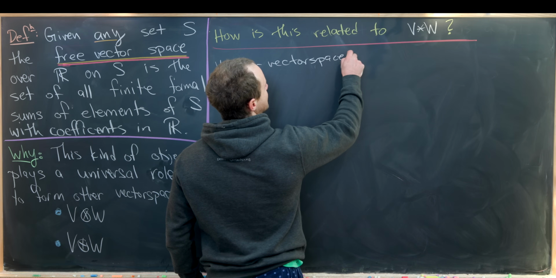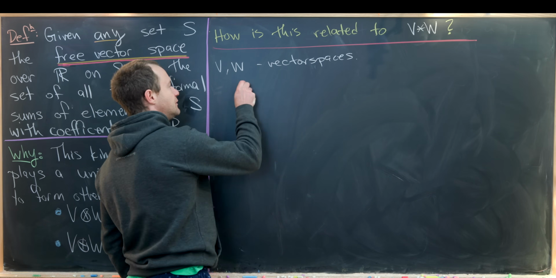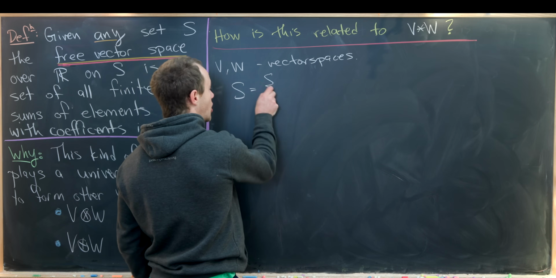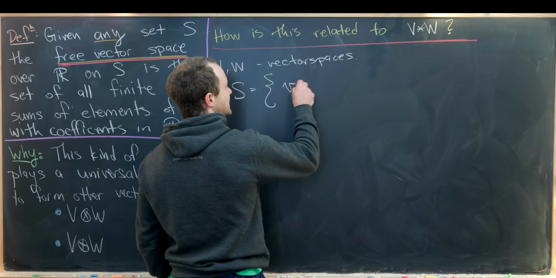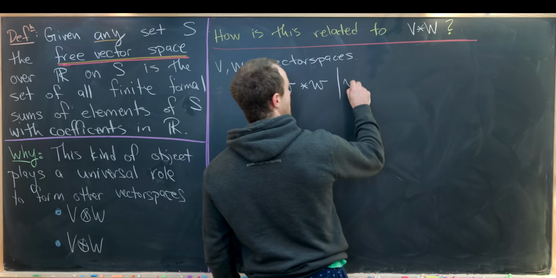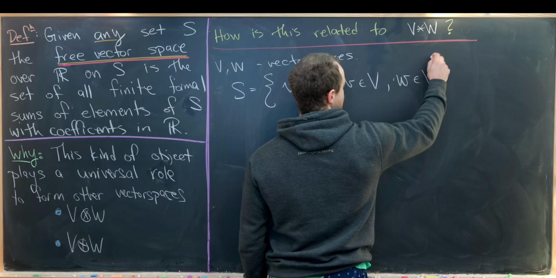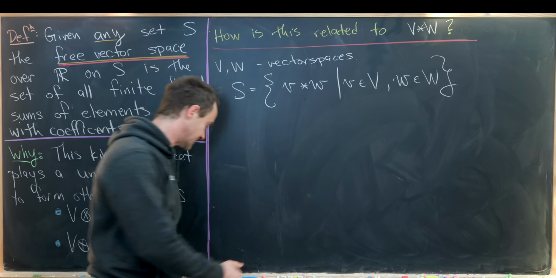Okay, so first off, you take V and W as vector spaces, and then you form the set S. And the set S is all symbols of this form. So we've got v star w, little v, little w, where v comes from V and w comes from W. And here there are no relations between these symbols.